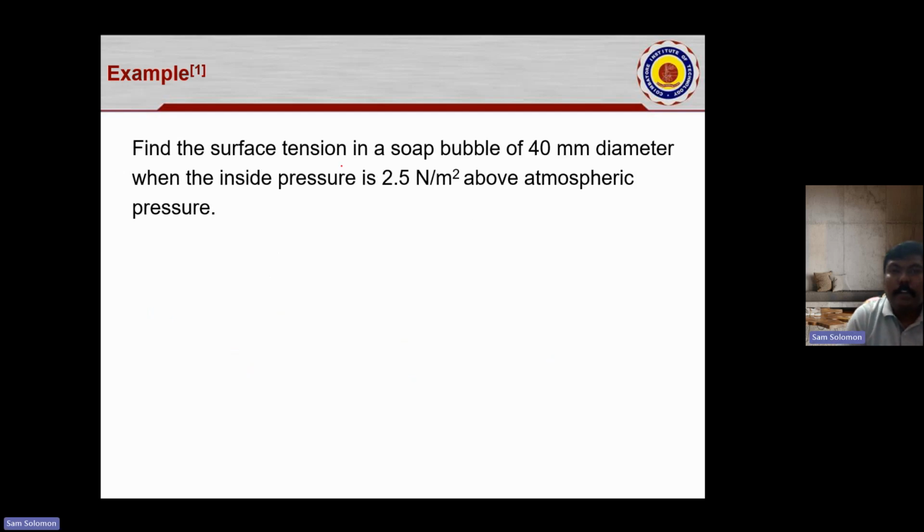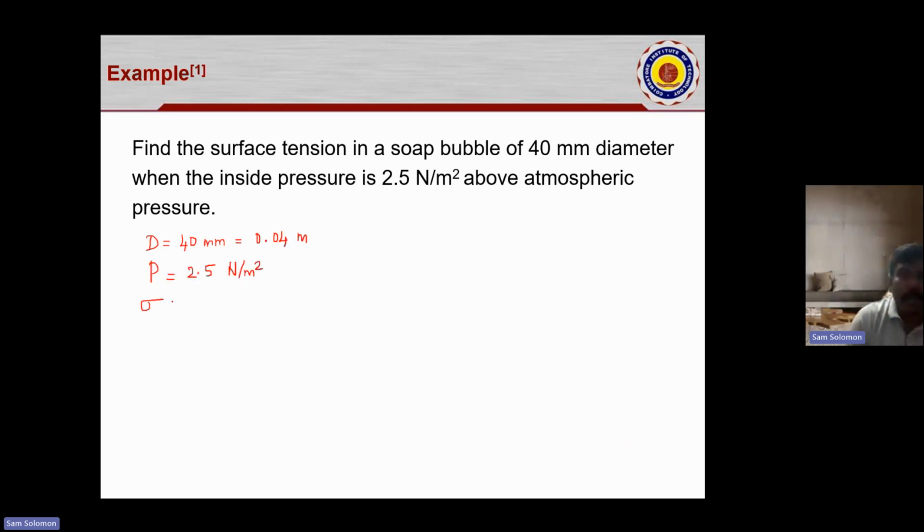Find the surface tension in case of a soap bubble. They have said the diameter of the soap bubble is 40 mm, and the pressure inside is 2.5 Newton per meter squared above the atmospheric pressure.